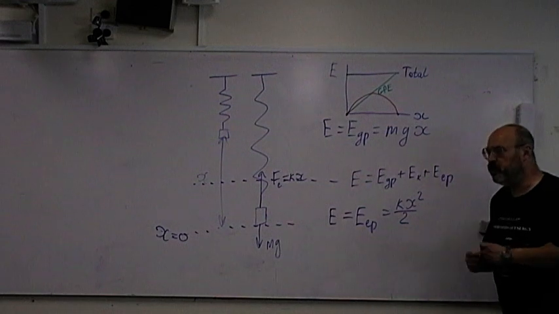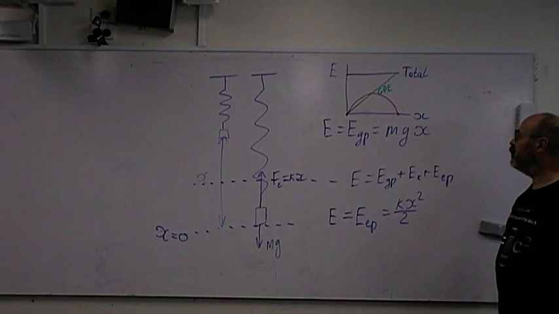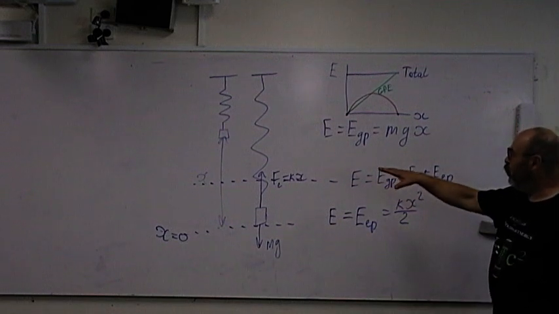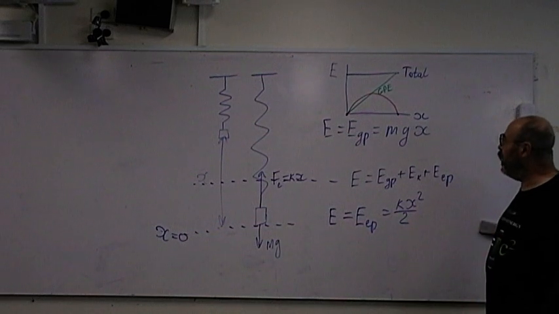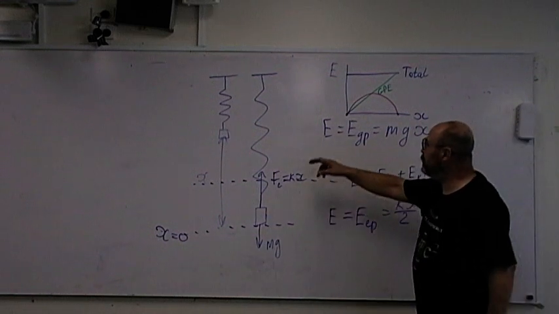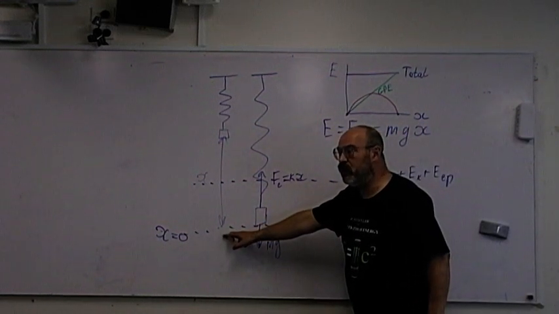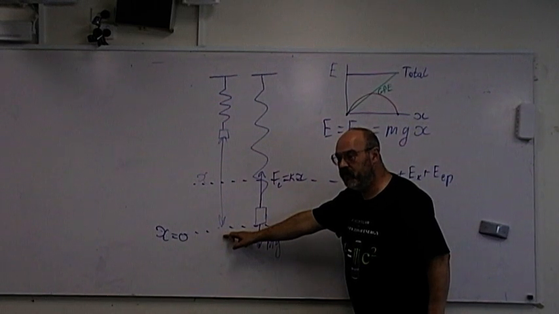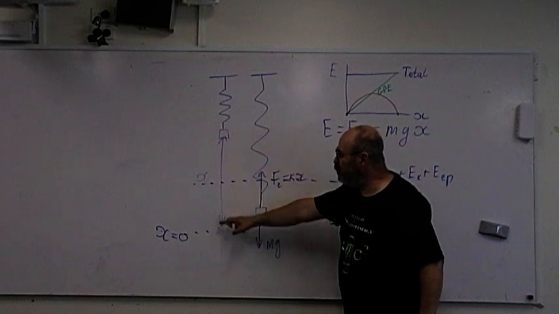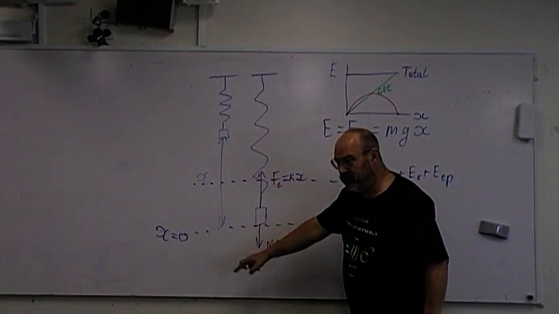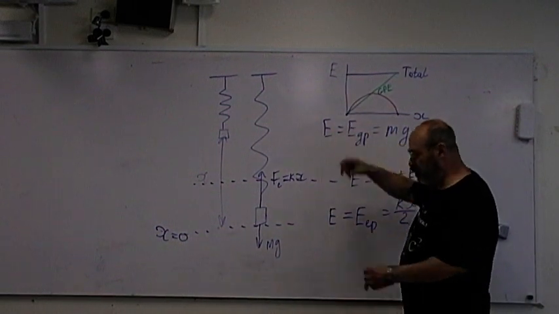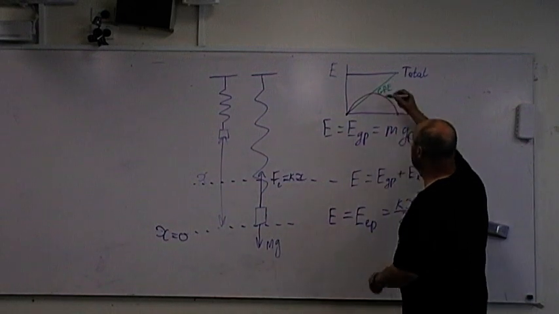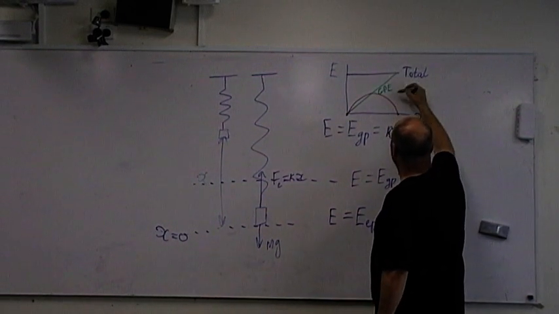How will the elastic potential energy look? We have a mathematical formula for it. kx squared, yeah, this is a pure parabola. When x is 0, it's stretched at its max, so it's biggest. We take x as a height, so when x is 0, it's maximum, and then going down, at this point it's 0.